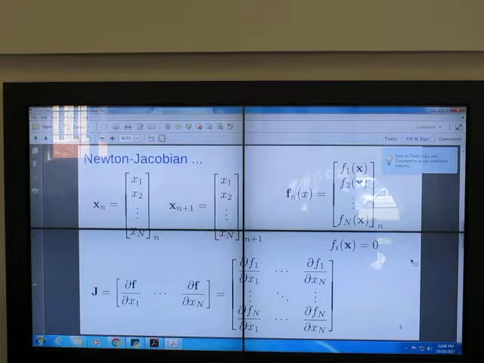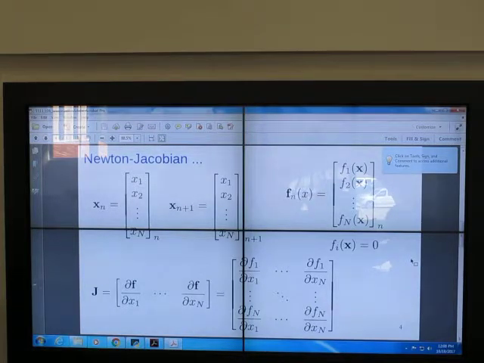So first column will be partial derivative with respect to x1, second column will be partial derivative with respect to x2, until xn. So J is a slope, but it's slope from partial derivative. What will be J exactly? It's just a number. It's just a number, you know. What about minus f?